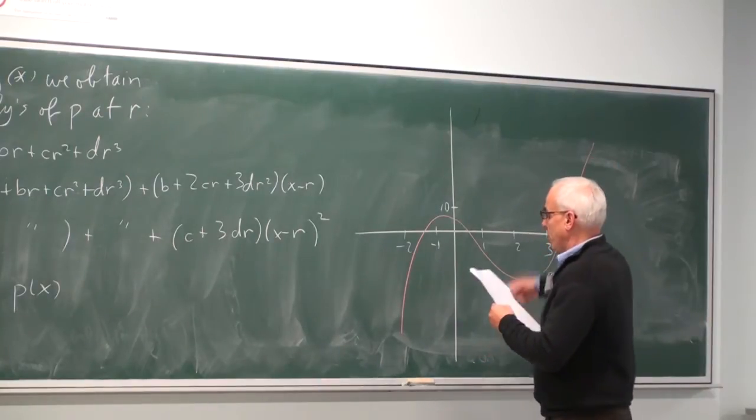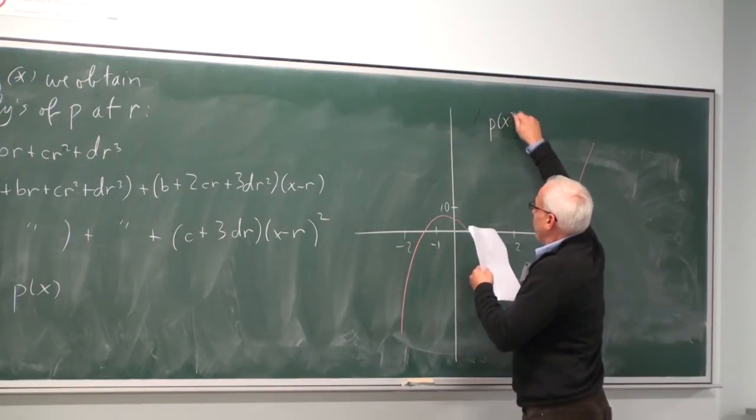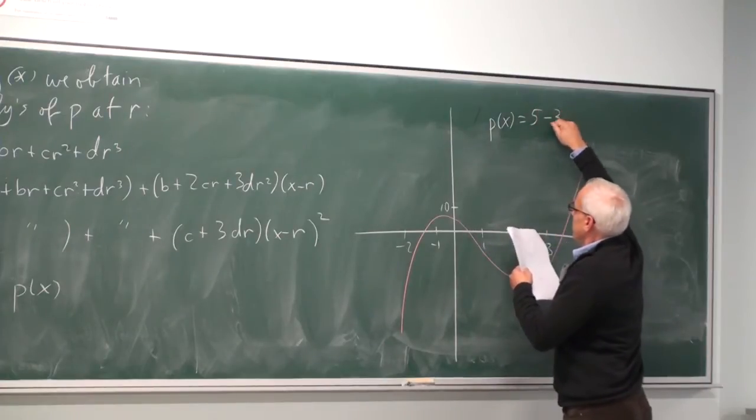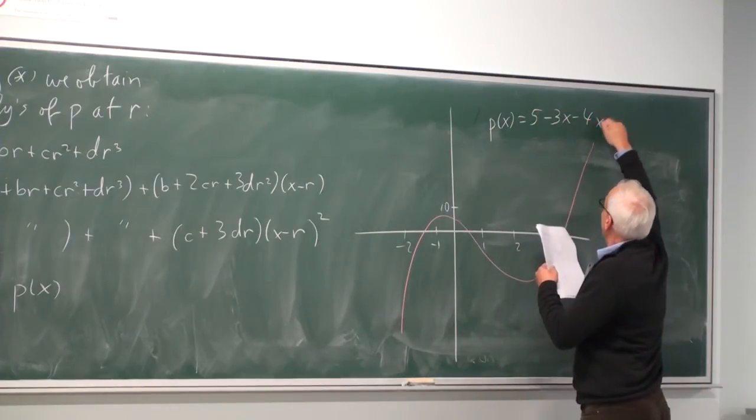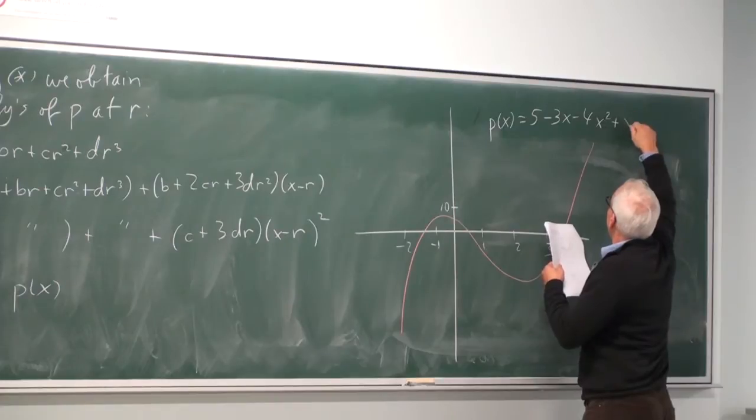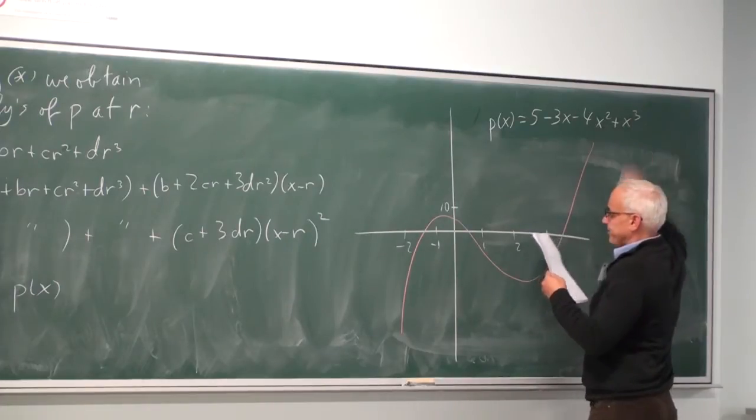That happens to be the polynomial P of X equals 5 minus 3x minus 4x squared plus x cubed.